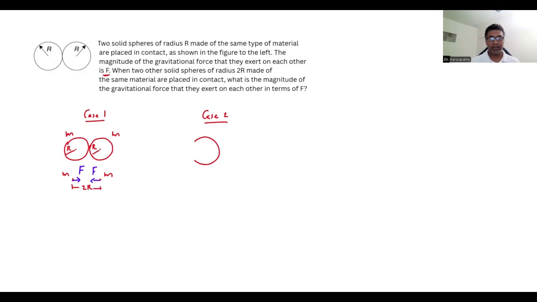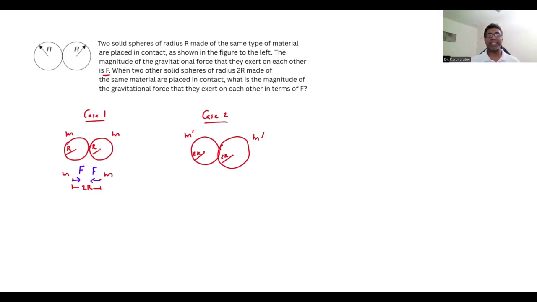This is case two. We don't know the mass, so let me call that M prime. And then this radius is 2 times R, and this radius is also 2 times R. Remember, they are not drawn to scale. It's just a sketch.